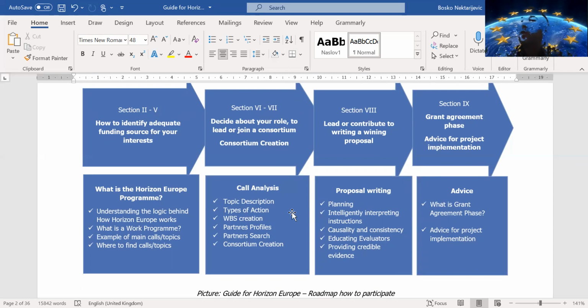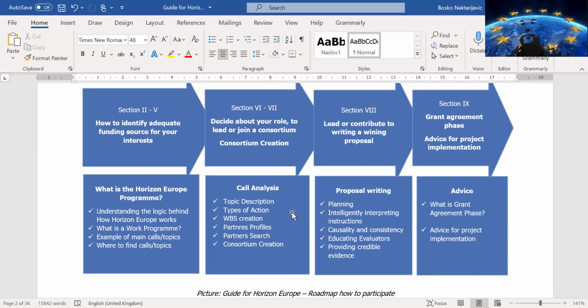So that will require planning, of course, and most common pitfalls would be, and their solutions would be to read and understand instructions, so intelligently interpreting instructions. Furthermore, causality and consistency, educating evaluators and providing credible evidence for your statements and for expected impacts.